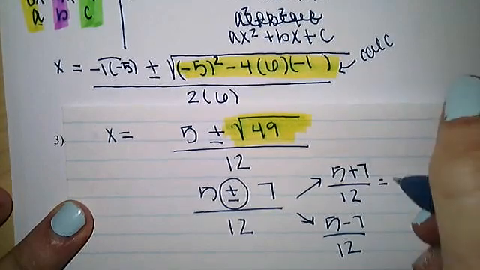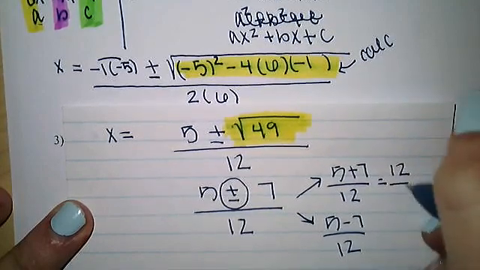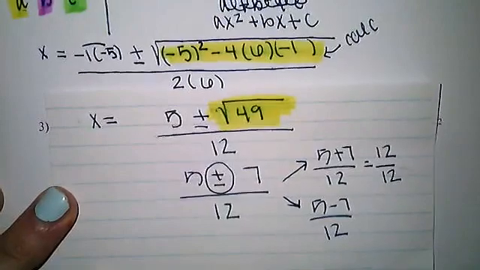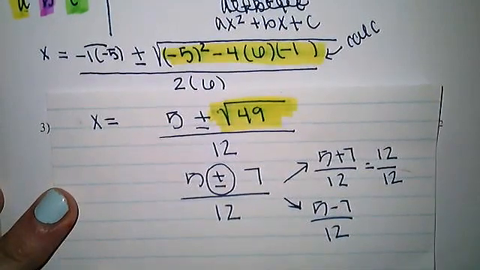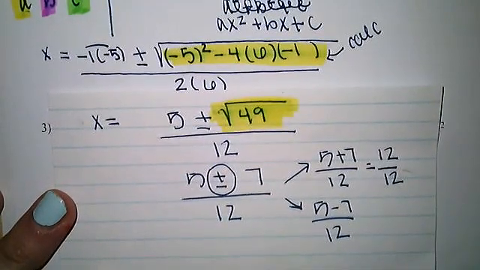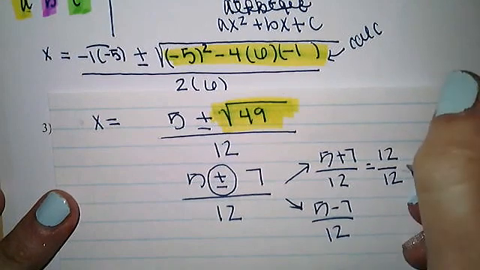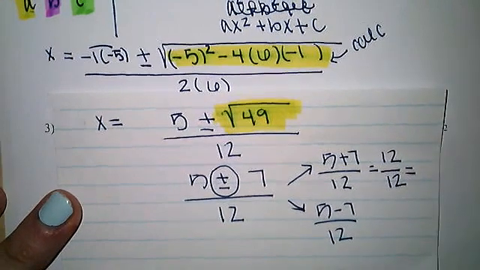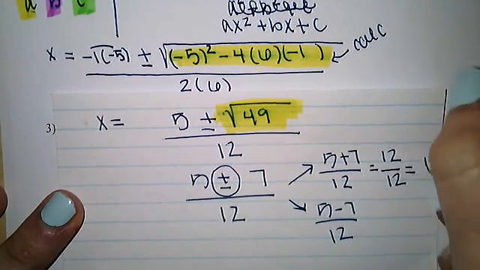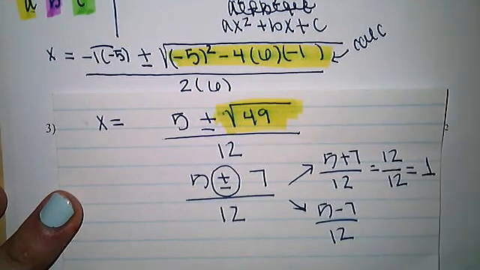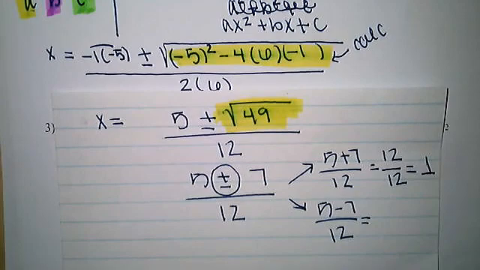So what do you get for the first one? Is that divide for you? Or do we just leave it 12 over 12? What do you guys think? 12 divided by 12. Does that work out? Great work. Very good, Ashley. You got it. What about the bottom one? 2 over 12.